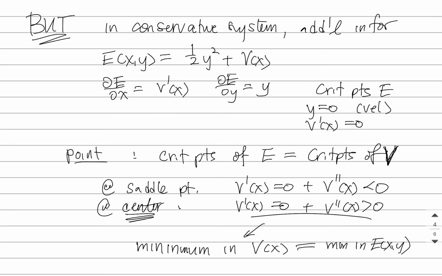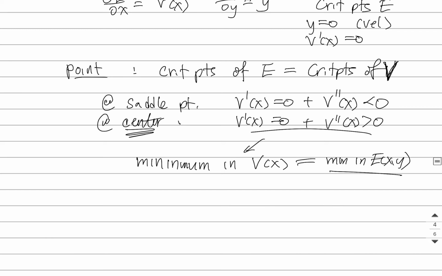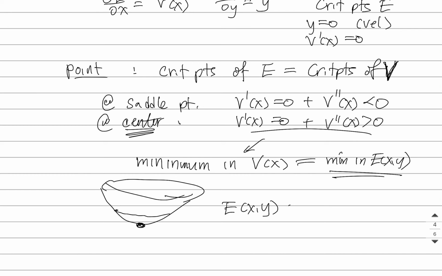Now, the total energy function is a function of two variables. And when we've got a total energy function of two variables and we've got a minimum there, that means we have level curves around it. Remember when we talk about these E of x equals some constant, these are level curves. And that means around the level curves, we are going to have closed orbits when we've got a minimum.